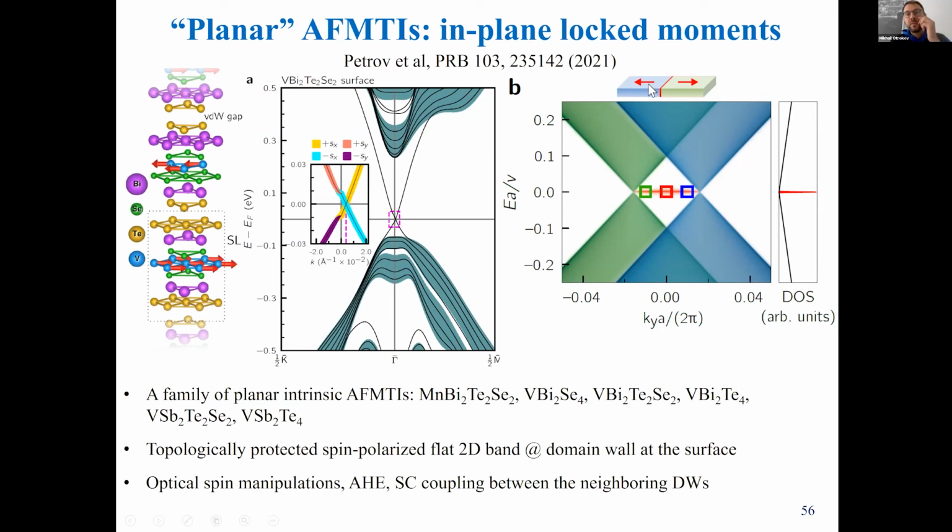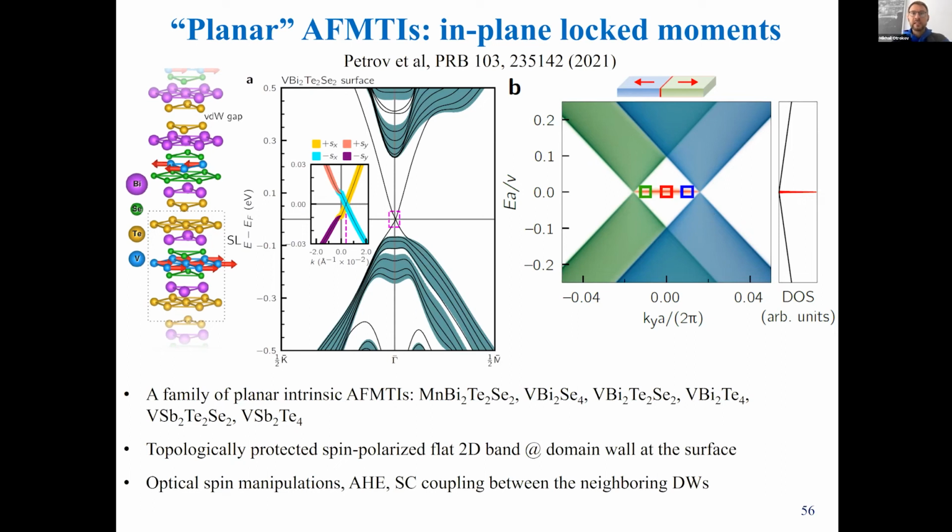In the case if the magnetizations of those domains are pointing in opposite directions, what will happen in each of the domains is that the Dirac point, which is not gapped, will displace from the gamma point, but this will happen in opposite directions. Let's say for this green domain, it goes to the left, for the blue domain, it will go to the right.